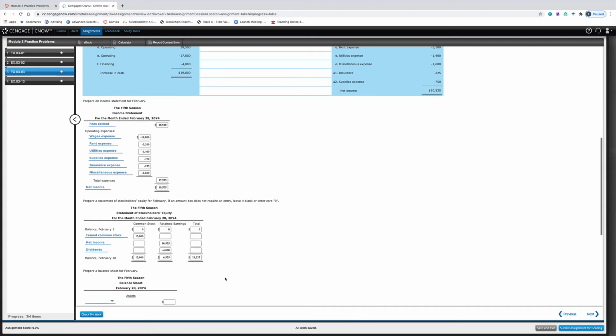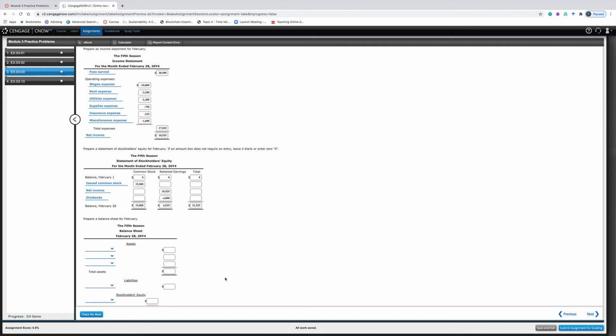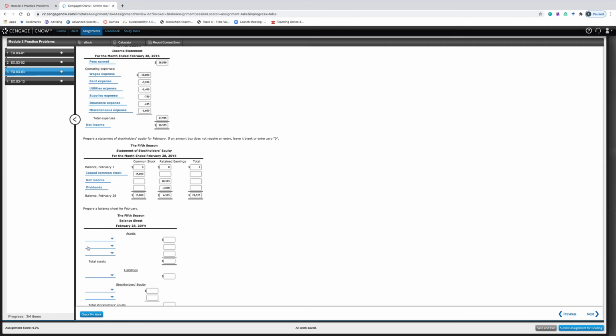So the next thing we need to do is make a month-end balance sheet. Now let's just go ahead again and fill in the left-hand side here and then fill in the amounts. And this is going to be very easy, right? So the left-hand side is our assets would include cash and supplies and prepaid insurance.